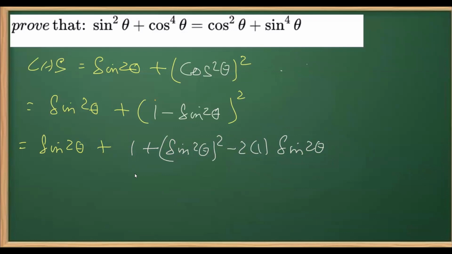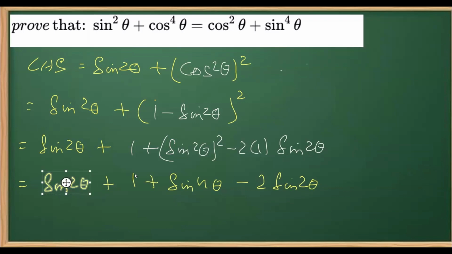Now what next? This is going to be sin square theta only, plus this is 1. And what about this? This is sin raised to the power 4 theta minus 2 times sin square theta. Check, we have like terms here.